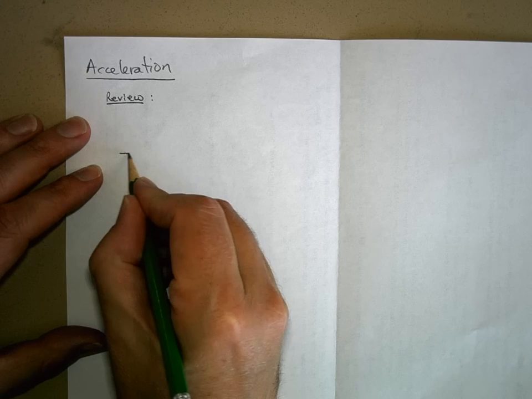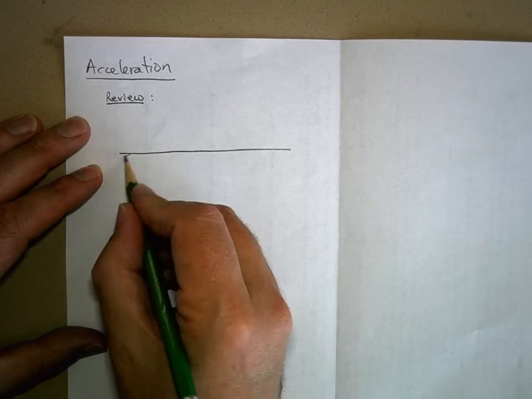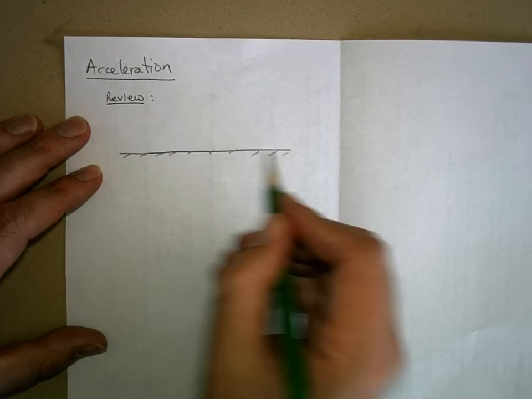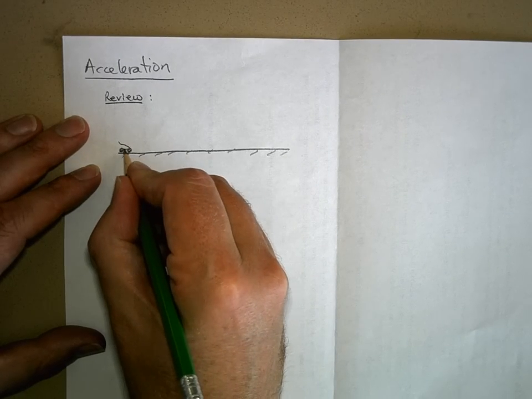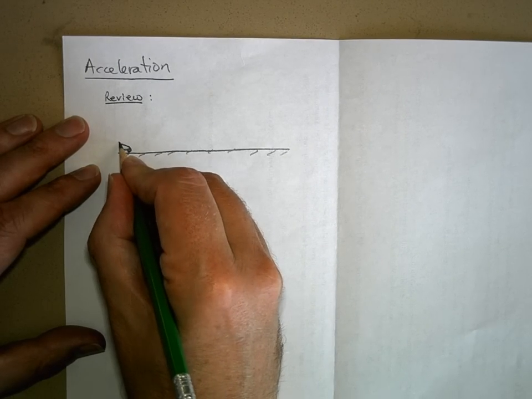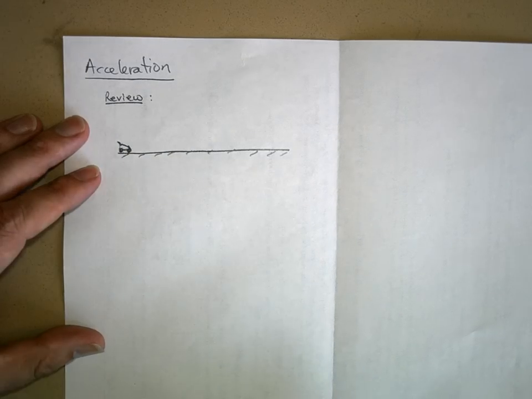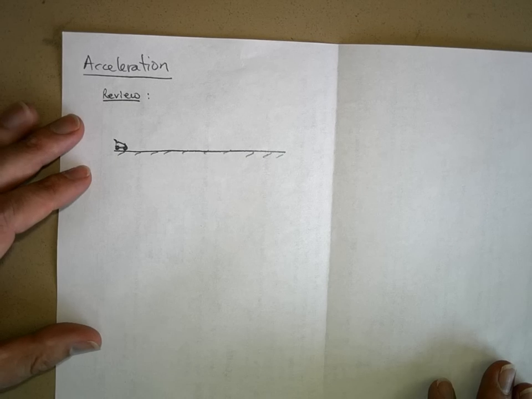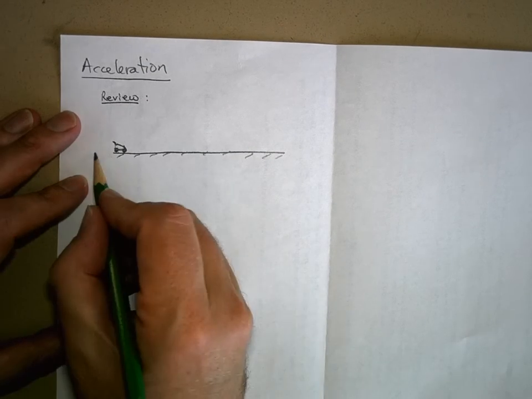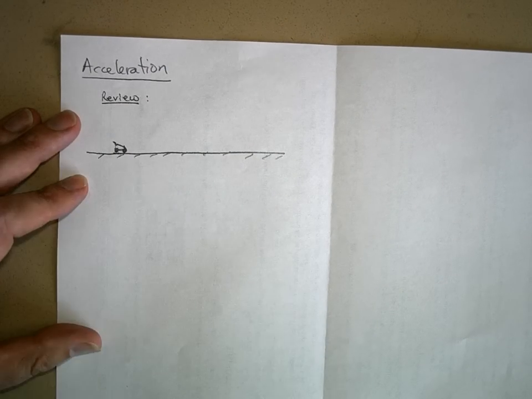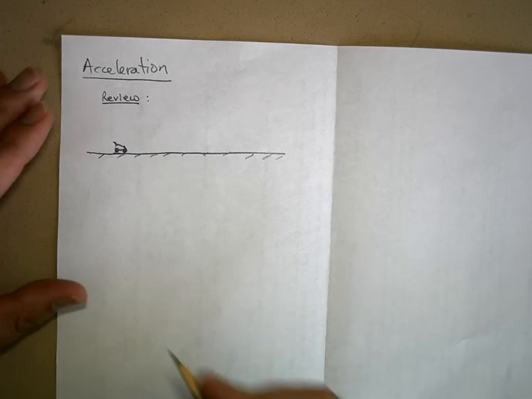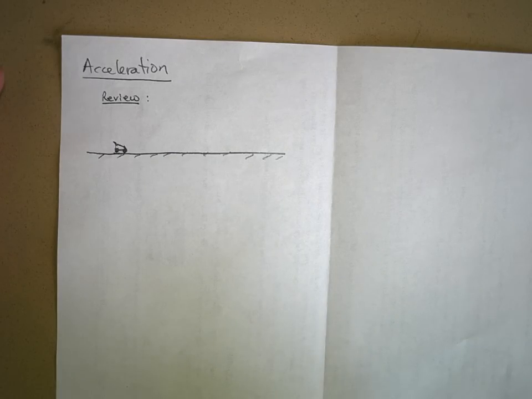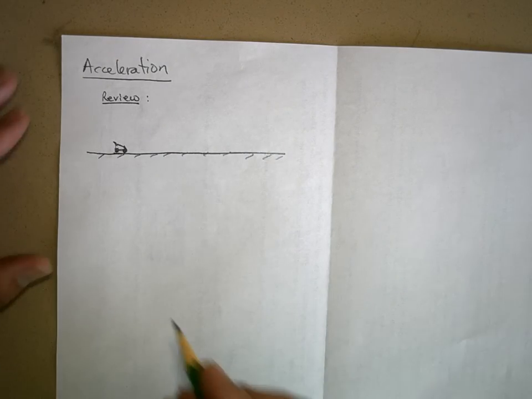Let's suppose I've got a horizontal surface, and I've got a little toy car that's going to run along that surface, and it's moving. What we did last time was represent its position, describe where it is, but in order to do that I need an origin.